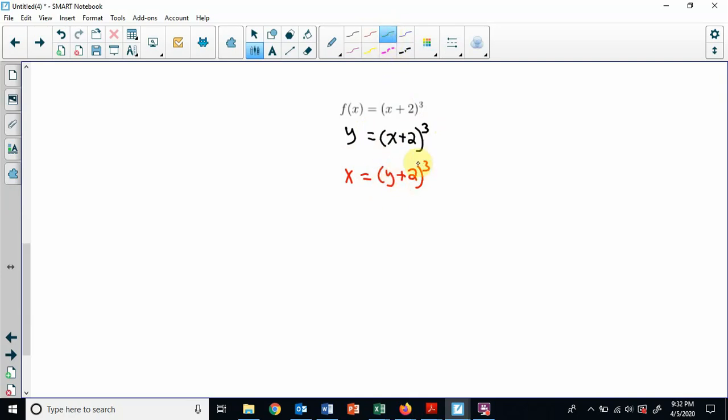Well, I've got to get rid of this third power. Remember, to get rid of a power, I do the same root. So I'm going to third root both sides. That's from our last chapter, right? So the root and the power cancel, and I'm left with y plus 2 equal to the third root of x. Is y by itself yet? No, I need to subtract 2.